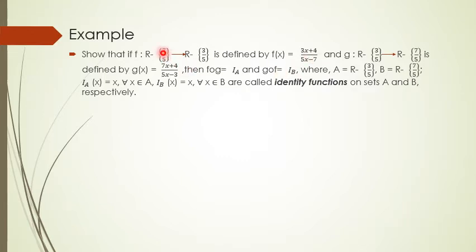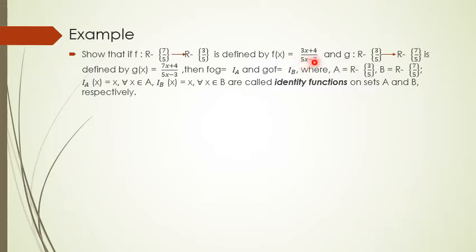Why do we delete 7 by 5 and 3 by 5 from this domain and codomain sets? Here, assume that 7 by 5 is also included in the domain. Then f of 7 by 5 equals, in the denominator, 5 into 7 by 5 minus 7. 5 will be cancelled.